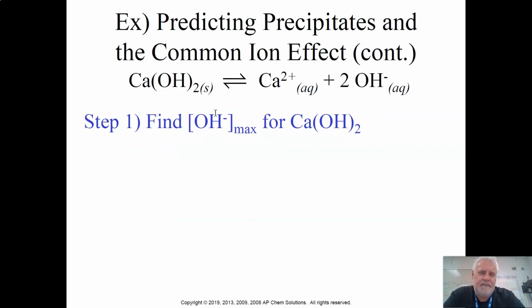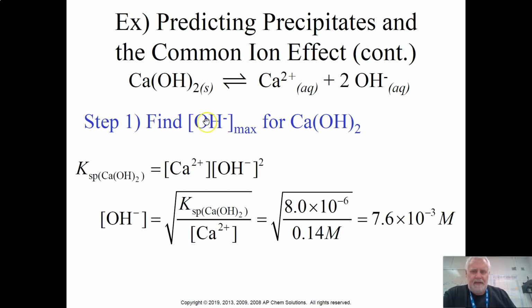Well, this is going to take some calculation. So what we're going to do is we're going to find the absolute maximum hydroxide ion concentration before it starts to fall out of solution. And to do that, you write your KSP expression, and then you just rearrange it to solve for the OH. That's why you had to take the square root given these quantities.